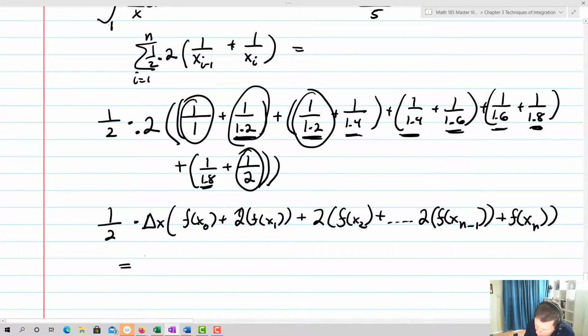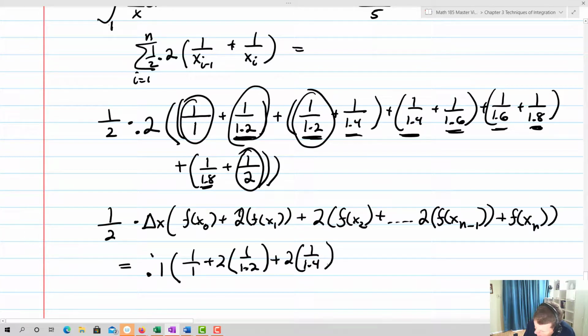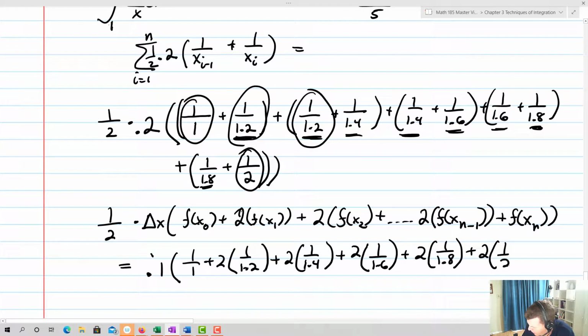Okay, so now for us, that's going to give me 1/2 times 0.2. So this will end up being 0.1 times 1 over 1 plus 2 times 1 over 1.2 plus 2 times 1 over 1.4 plus 2 times 1 over 1.6 plus 2 times 1 over 1.8 plus 2 times 1 over 2.